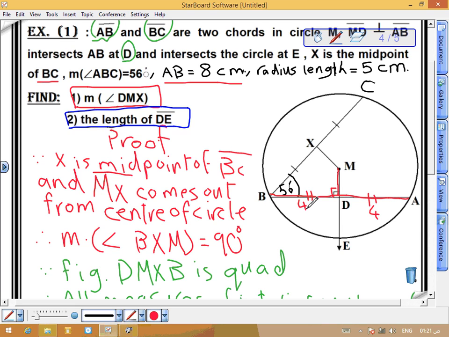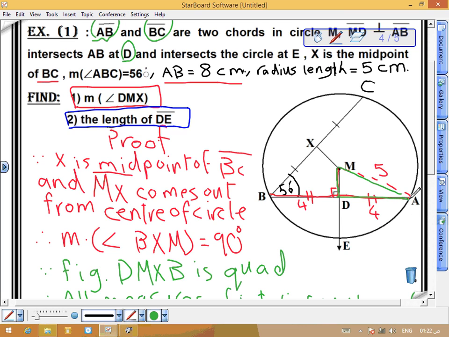If we make a construction here like this, joining MA, MA will be a radius equal to 5 centimeters. So it will be easy to find the length of MD by using the rule of Pythagoras. MD squared equals MA squared minus AD squared.